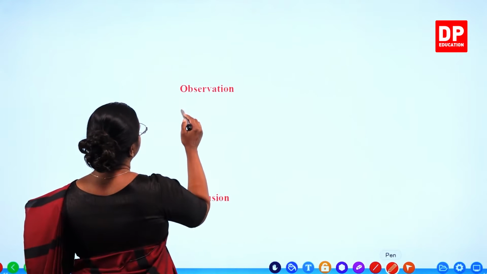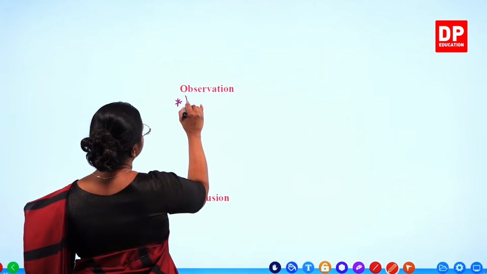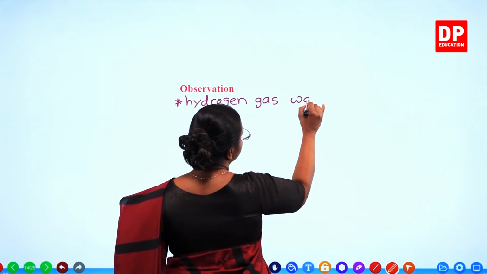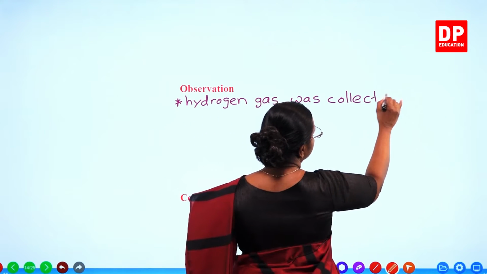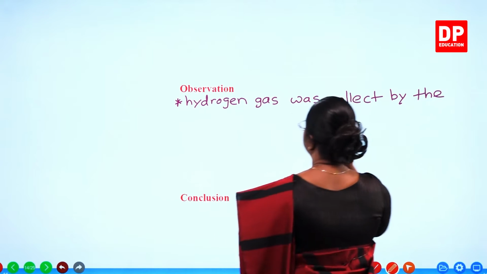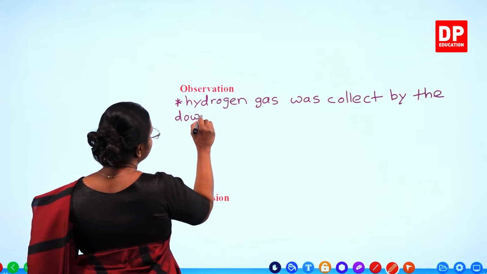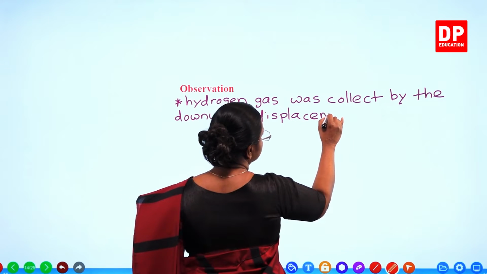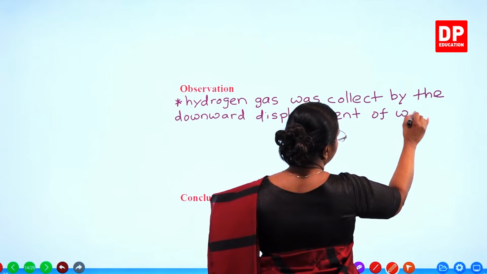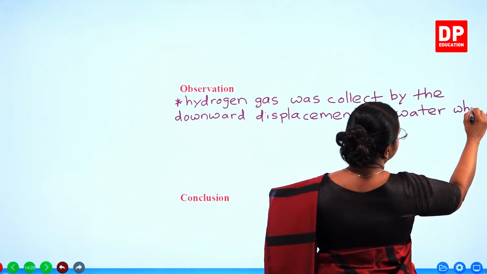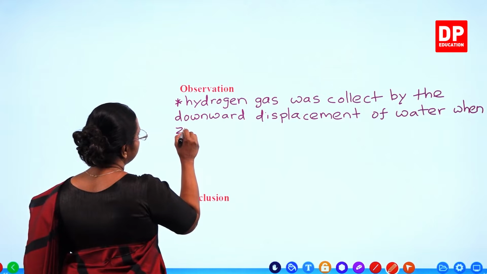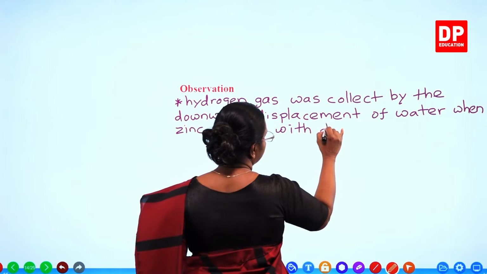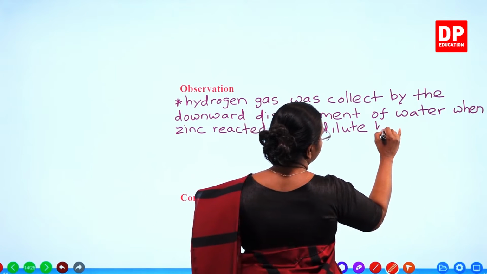So here we can say hydrogen gas was collected by the downward displacement of water when zinc reacted with dilute hydrochloric acid.